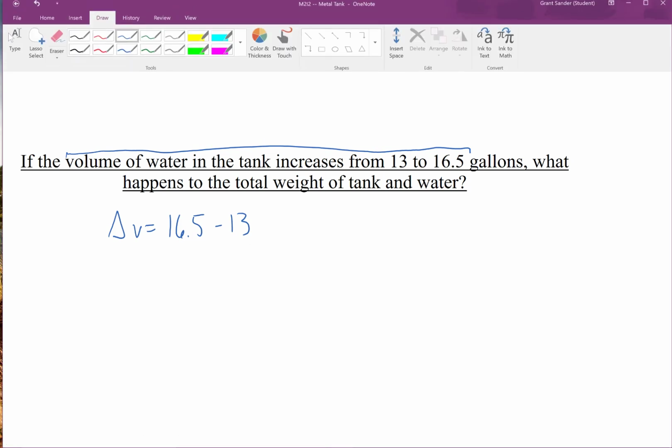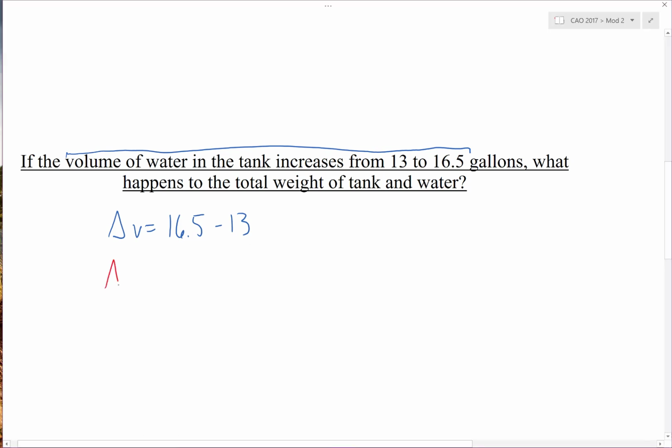And what we know is the change in weight is going to be 8.35 times as large as the change in volume. So this will be equal to 8.35 times 16.5 minus 13.